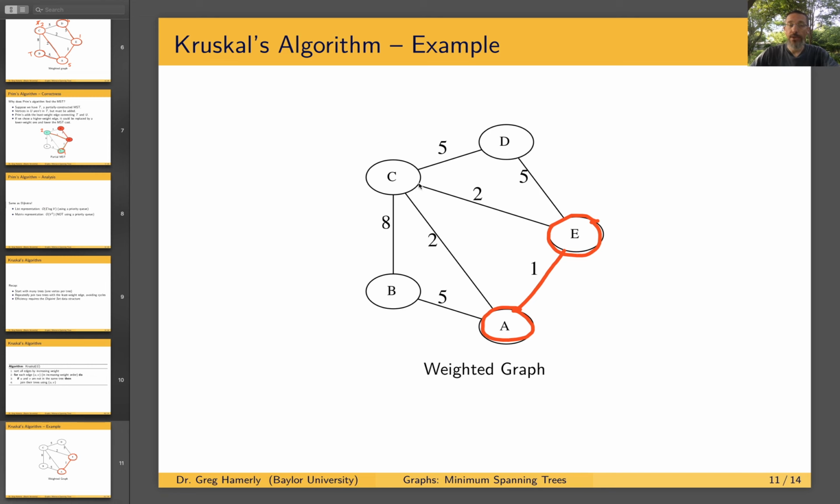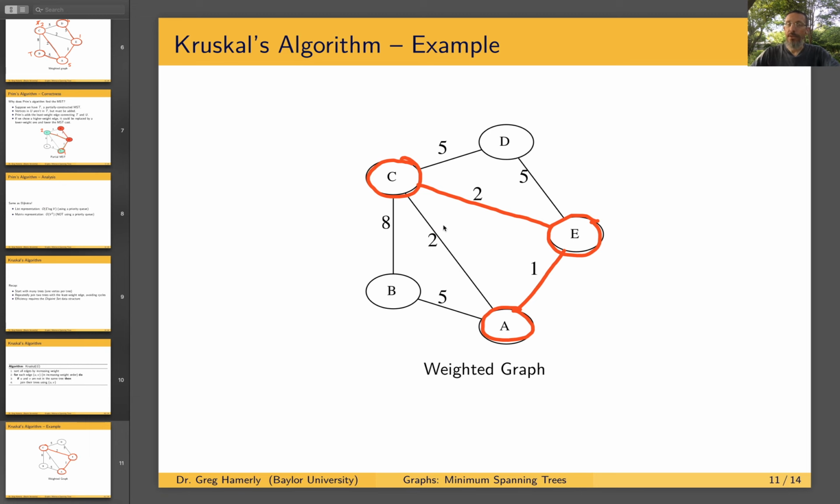So, for the sake of argument, let's suppose we took EC next, okay? And I can do that, by the way, because E and C are not part of the same tree. Okay, so now we've gone from 5 to 4 to 3 trees. The 3 trees are B by itself, AEC, and then D.